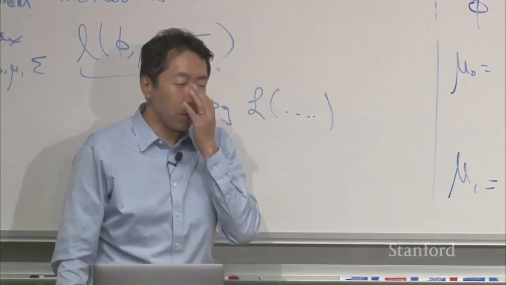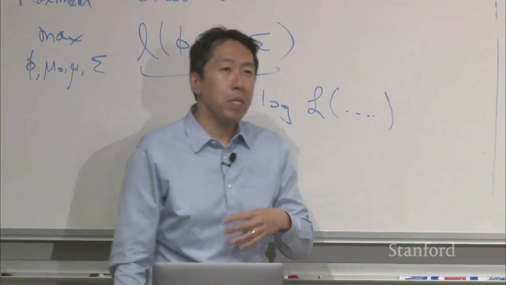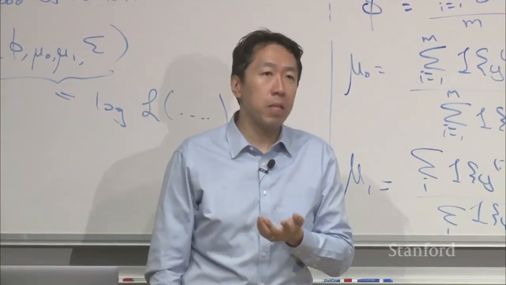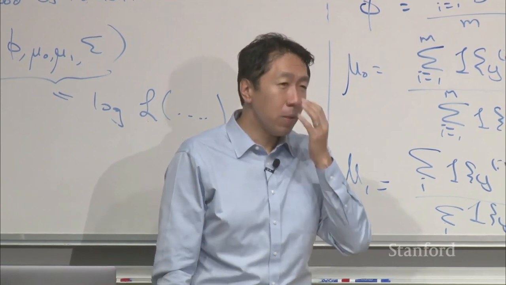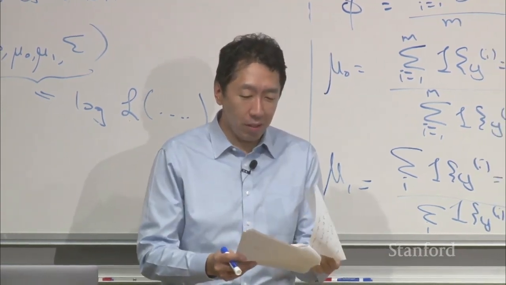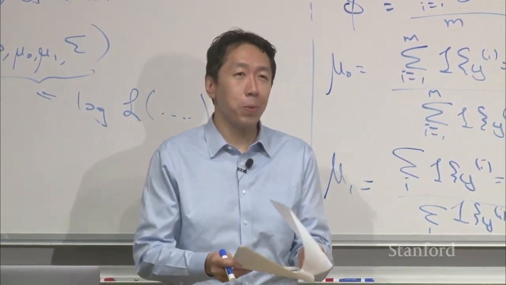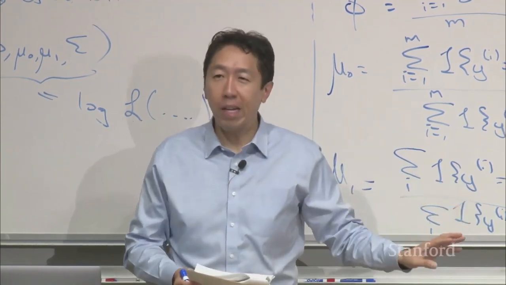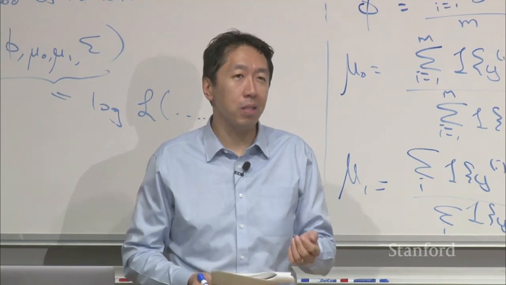Oh, sure, good question. Why do we use two separate means, mu0 and mu1, and a single covariance matrix sigma? It turns out that if you choose to build the model this way, the decision boundary ends up being linear. And for a lot of problems, you want a linear decision boundary.